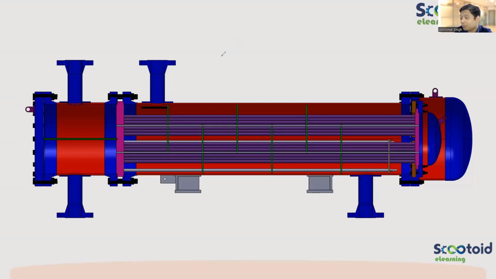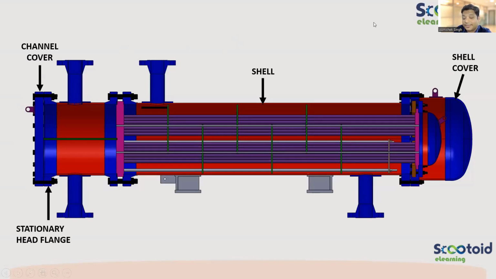Great. So good, guys. We can move forward. Now let us see what parts we want to show here. So here is the channel cover, which is of the bolted kind. This is the shell, and the right hand side is the shell cover. This is the stationary head flange, and this is the shell cover flange.